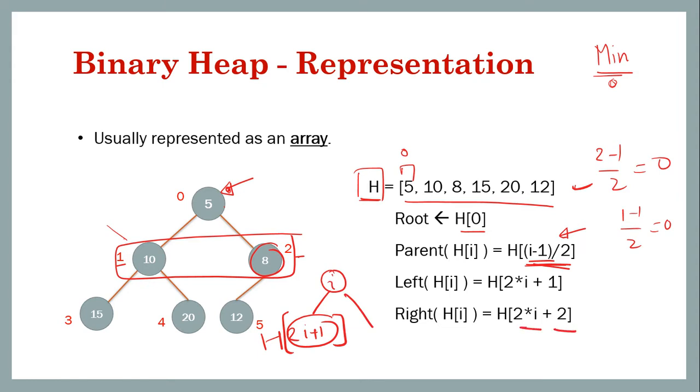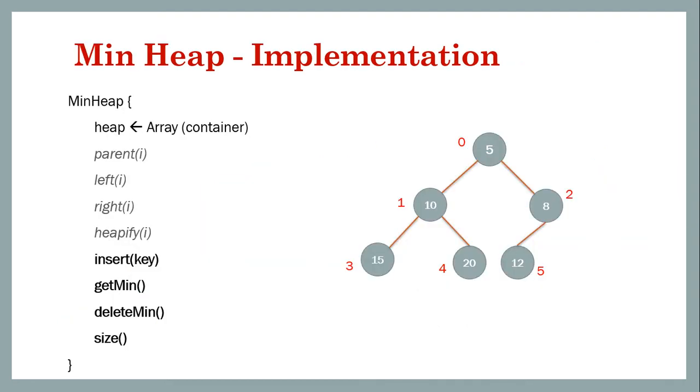Now let's implement a min heap. In a min heap, the requirement is that you should be able to get the minimum element that you are working with. In many problems, for example, you are getting a stream of numbers and you want to keep track of the minimum, and you want to be able to get the minimum in constant time.